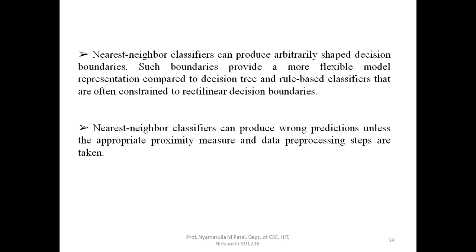The nearest neighbor classifier can produce arbitrarily shaped decision boundaries. Such boundaries provide a more flexible model representation compared to decision tree and rule based classifiers, which are often constrained to rectilinear decision boundaries. However, the nearest neighbor classifier can produce wrong predictions unless an appropriate proximity measure and data pre-processing steps are taken.